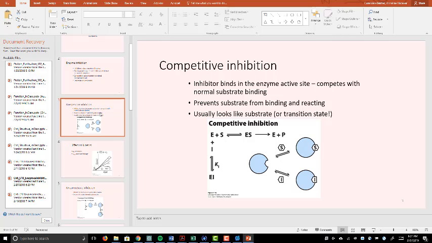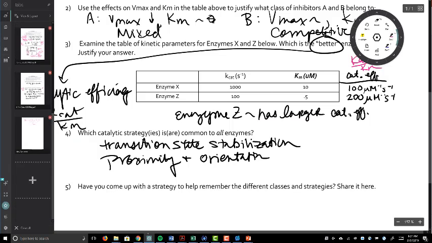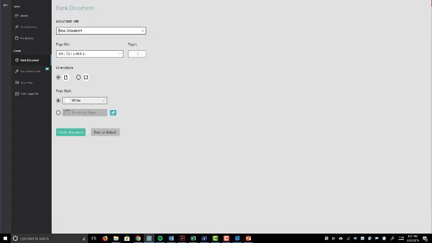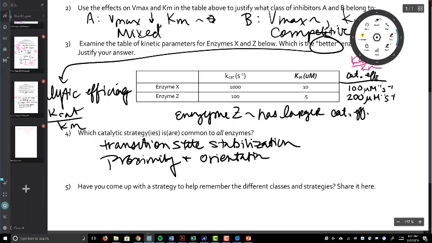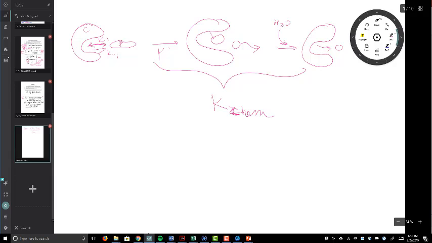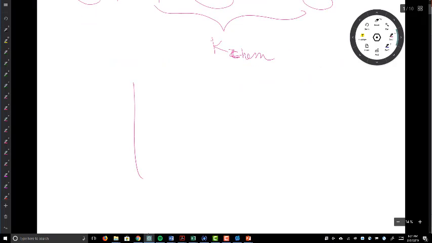So if we were to draw a Michaelis-Menten curve over here, this is V0, this is substrate, and this is just enzyme. If we were to have enzyme plus inhibitor for a competitive inhibitor, the curve would shift to the right.